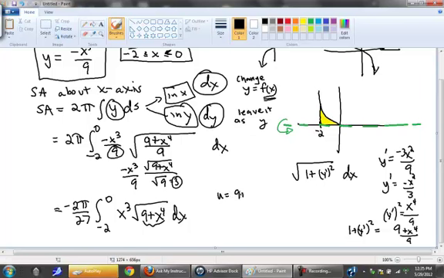Let u be the entire 9 plus x to the 4th. du is going to be 4x cubed dx. We need to get rid of x cubed dx, so we divide by 4. And we get that 1/4 of du is going to take the place of x cubed dx.